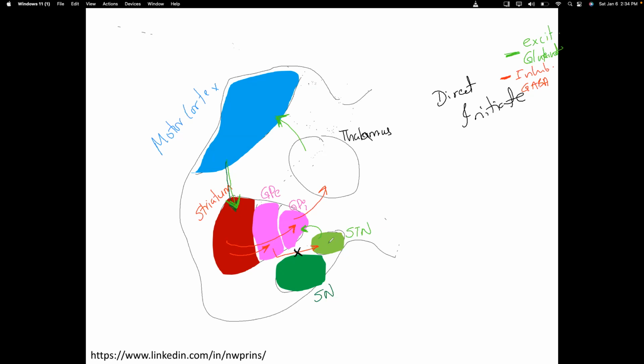So when the inhibition is inhibited, the STN can excite the GPI. When the GPI is excited, the GPI inhibits the thalamus and whatever was happening. So if you were walking, the walking slows down and you can come to a stop. And so this is the indirect pathway, which terminates movement.